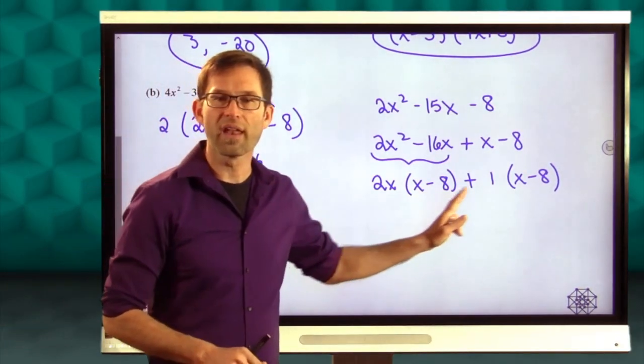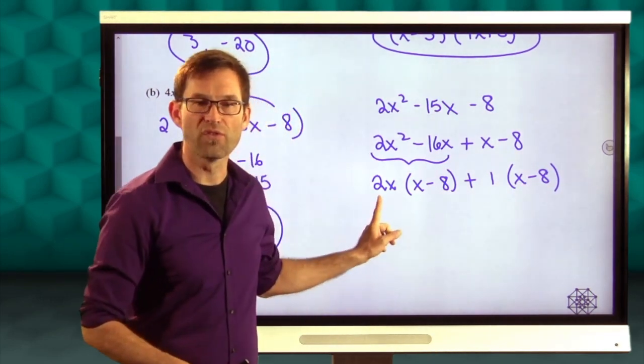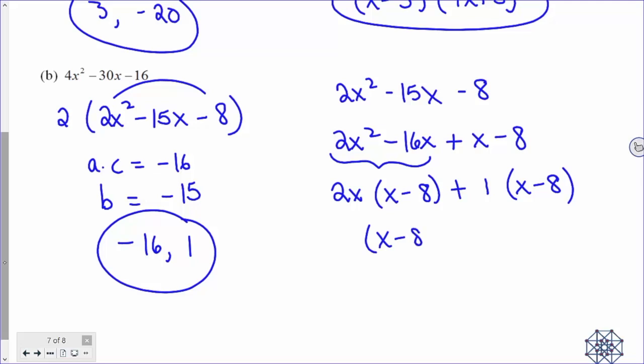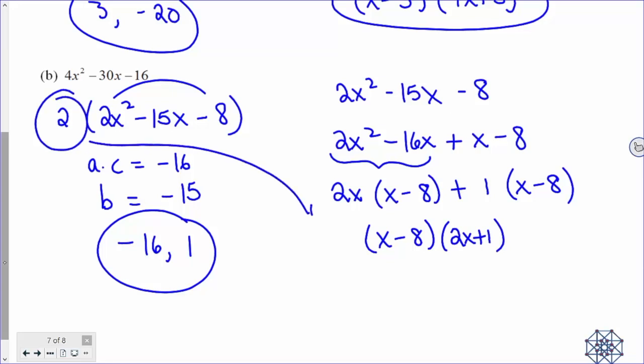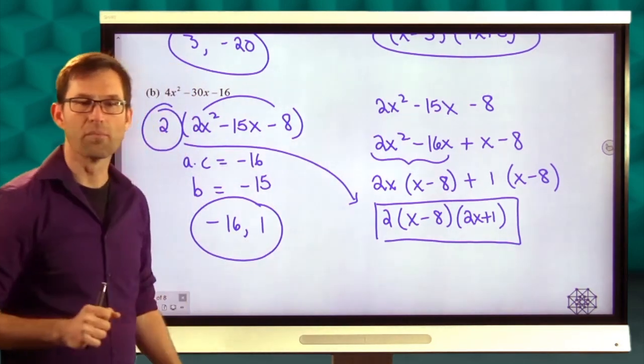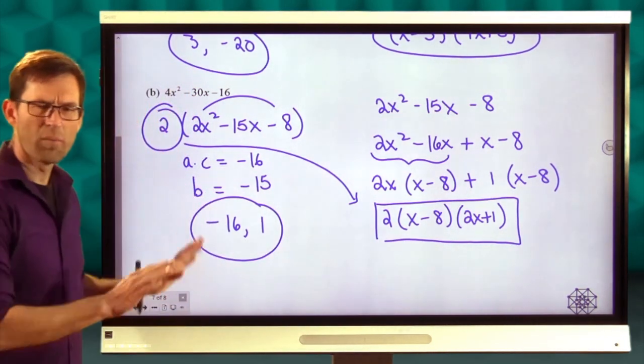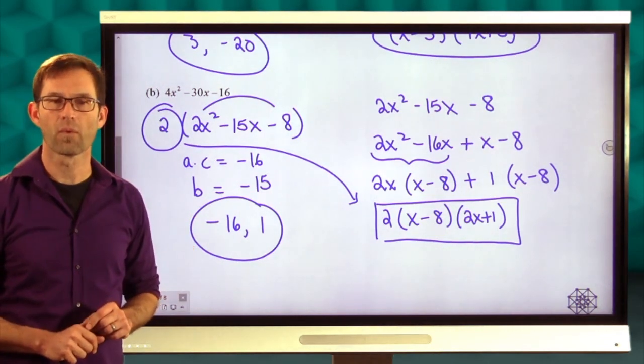Now I can see that x minus 8 is multiplying both a 2x and the number 1. So I'll be left with x minus 8 times 2x plus 1, and I can't leave off my GCF. Otherwise, I haven't factored it completely. And there it is. All right? Take a moment on this one in case it was confusing, and then we'll wrap up the lesson.